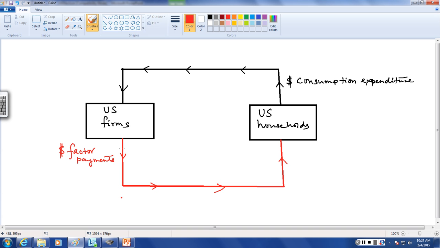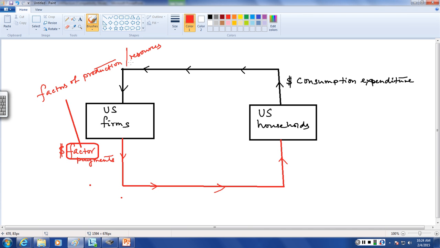Now, factor payments. What does the term factor mean? Factor really refers to factors of production, and we have already been introduced to this, perhaps not using this terminology, but we have called them resources in the past.